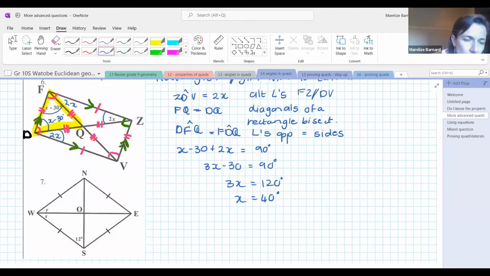No, because they're not on a straight line. X minus 30 and 2x make up the 90-degree corner. I don't see angles on a straight line there. It has to be on that 90-degree corner that adds up to 90. Oh, yes, ma'am.